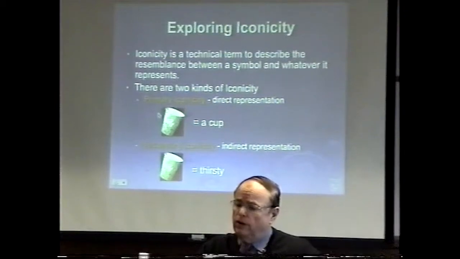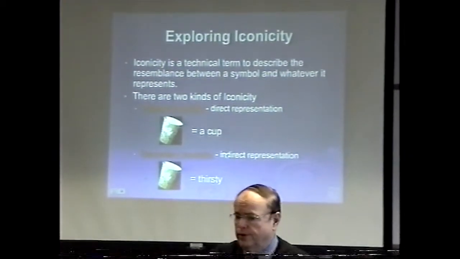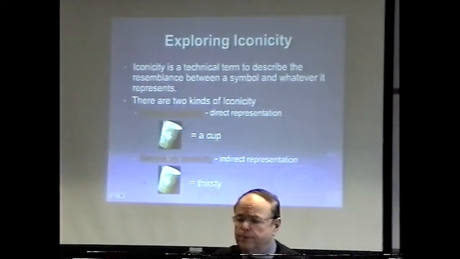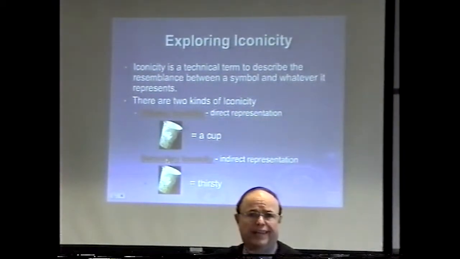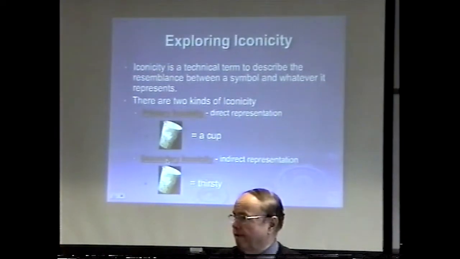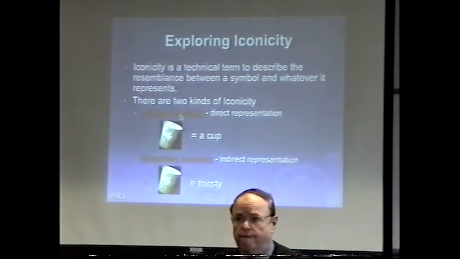So that would be called secondary iconicity, or indirect representation. Which of these two forms of representation has been proven, do you think, to be easier in populations with cognitive impairments? Well, primary iconicity. Can you see that?